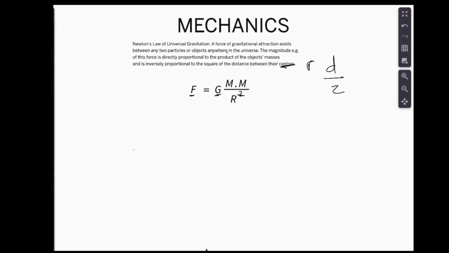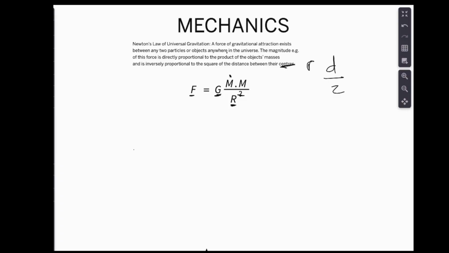G is the gravitational constant, so they cannot really ask you to solve for it, because it's a constant, it's always there. But maybe they might give you the distance in the radius, and then maybe the mass of one planet. Okay?